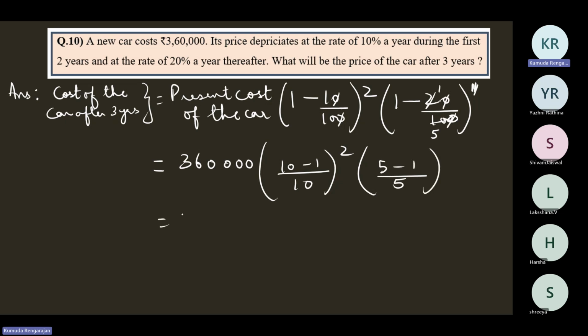So you can just ignore it. 10 minus 1 is 9. 9 by 10 to the power 2. So into 9 by 10 into 9 by 10, write it 2 times. Into 4 by 5. 5 minus 1 is 4. 4 by 5 to the power 1. So you can just remove that power.